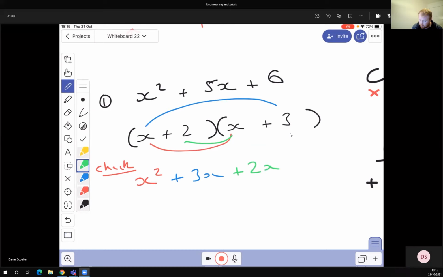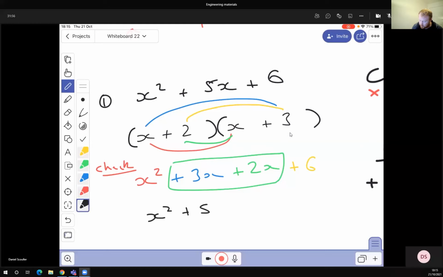And your lasts are, let's do that in yellow, these terms here, that's just +6. Pulling the like terms together, x squared plus 5x plus 6. Does that equal that? Yes, we've checked it, we're happy, we move on, we forget about it.